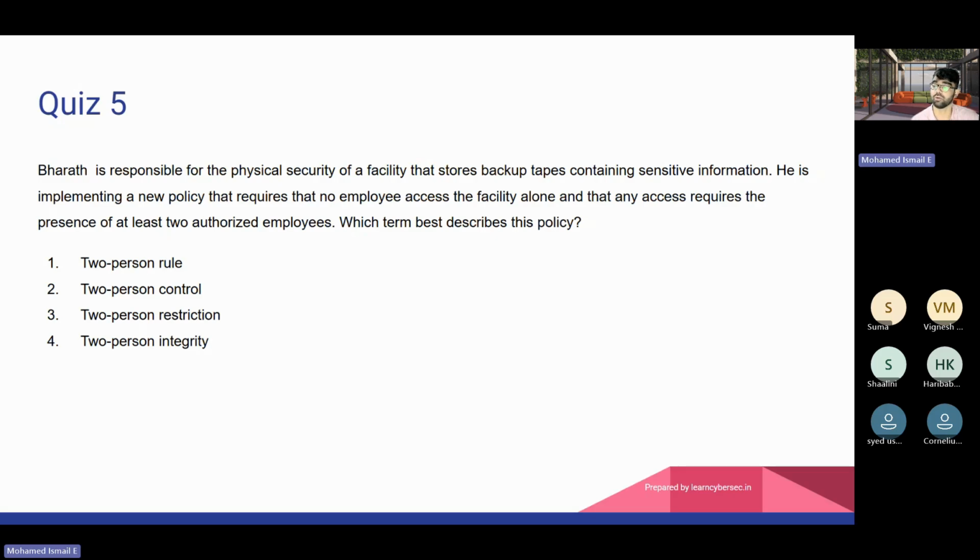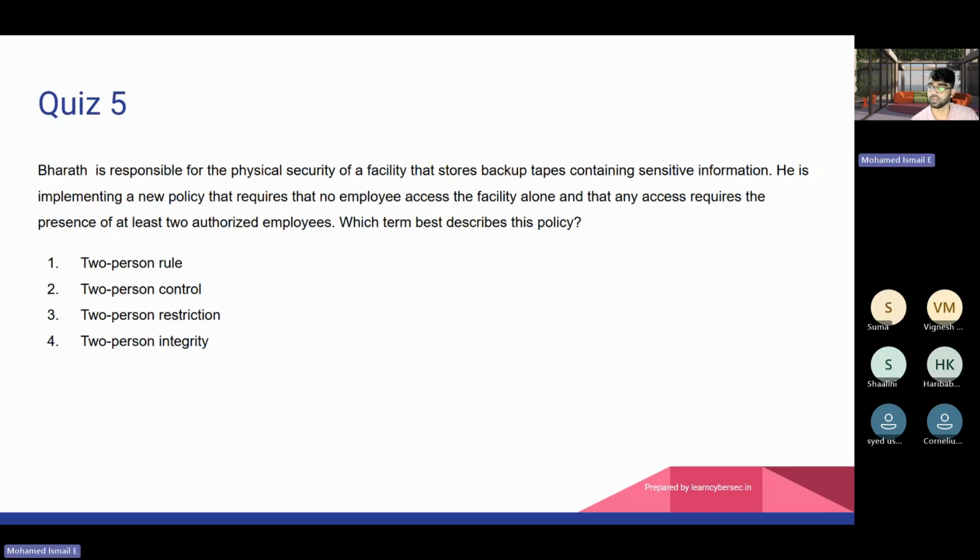He is implementing a new policy that requires no employee to access the facility alone; any access requires the presence of at least two authorized employees. Which term best describes this policy? Two-person rule, two-person control, two-person restriction, two-person integrity. This is a slightly complex one, right?